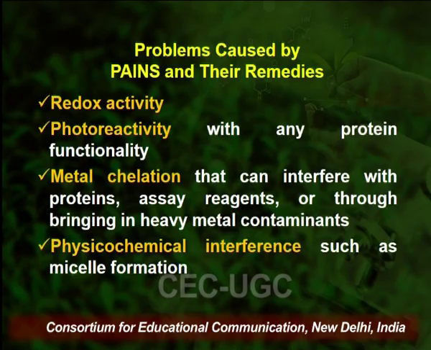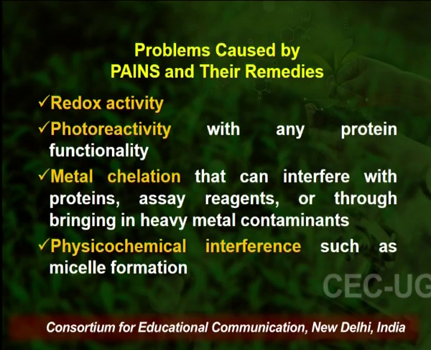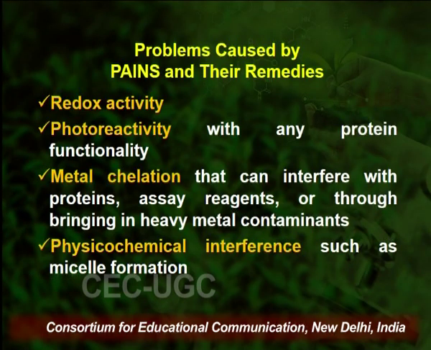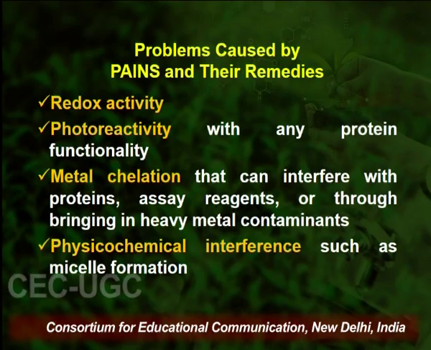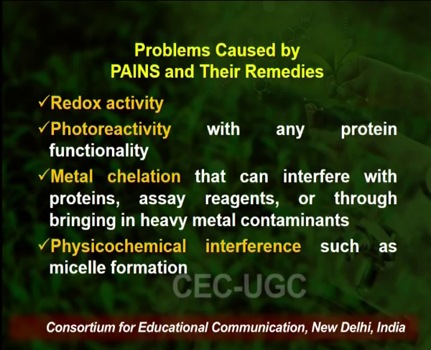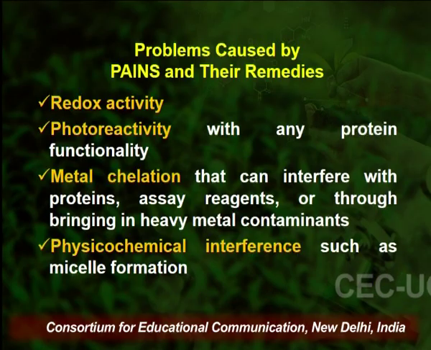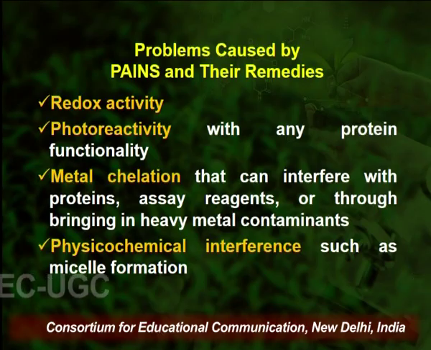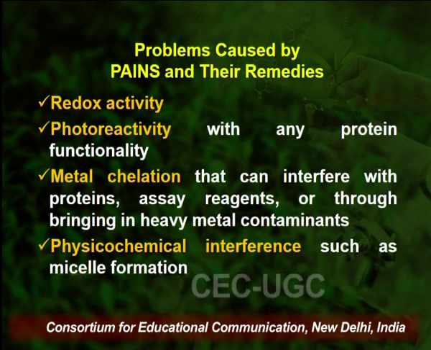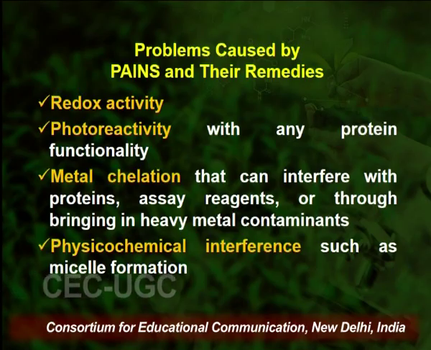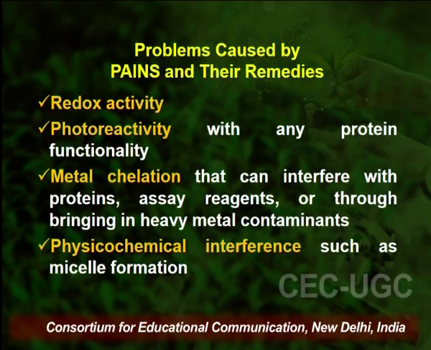Certain compounds have high redox activity and produce free radicals which cause damage to the DNA or RNA or to the protein molecules involved in the study, thereby leading to a false positive or negative test. Photoreactivity is another mechanism. Metal chelation is a very common mechanism observed in natural products, because natural products are so complex, they form chelates with metals, and once this chelation occurs, they can interfere with protein conformations and with the assay reagents, thereby altering the overall outcome of the assay.